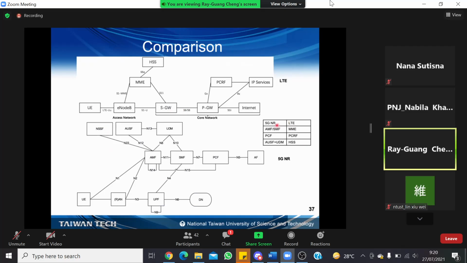So we can find that in 5G new radio, the MME splits some functions into AMF, some functions into SMF. PCRF corresponds to PCF. HSS corresponds to UDM and AUSF. But we know SMF also takes some of the function of UPF, some of the function of the serving gateway control plane, and the packet gateway control plane.